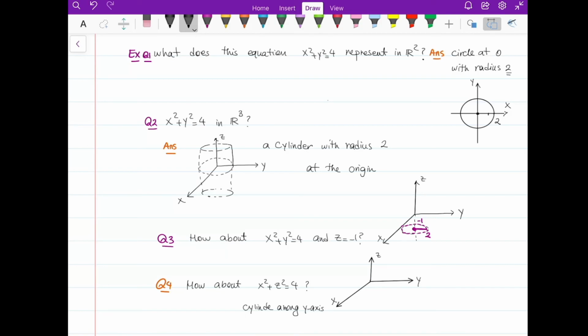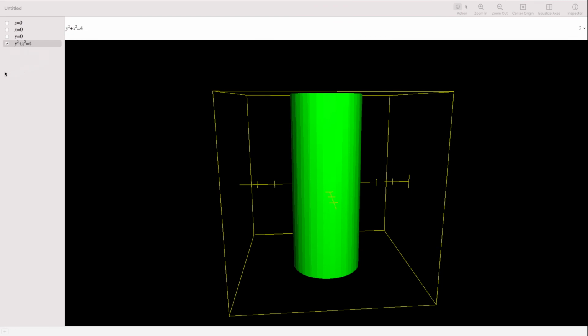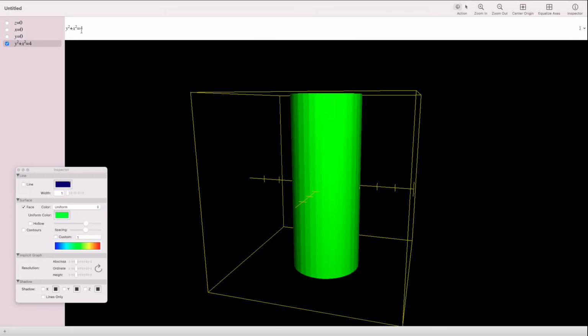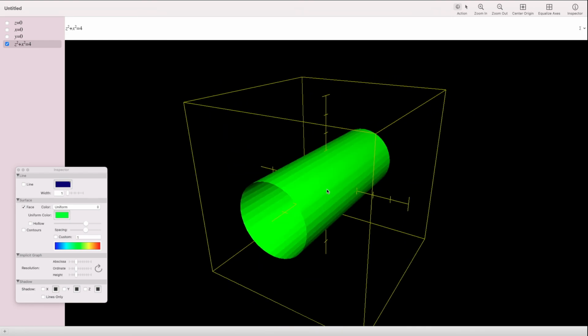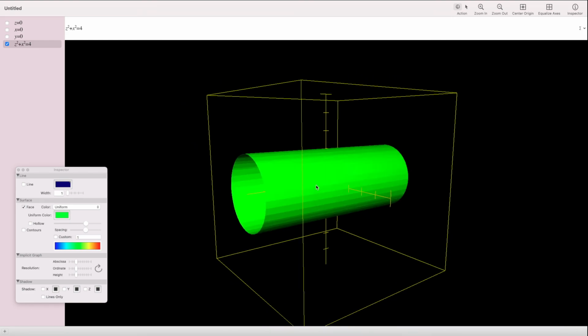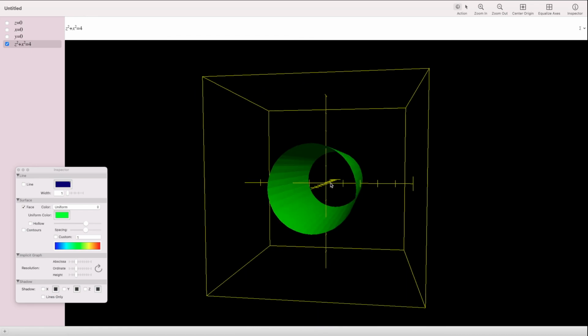So I need to have a circle of radius 2 in the xz plane, but since y is free, it's gonna move along the y-axis like this. Let me graph it for you. Let me just change the y to z. Now you see, it's the cylinder that moves along the y-axis from -infinity to +infinity.